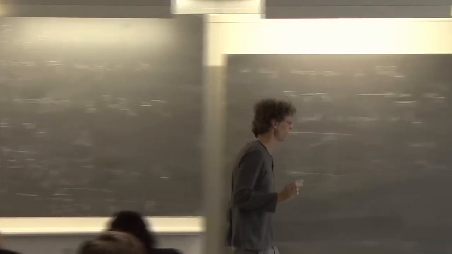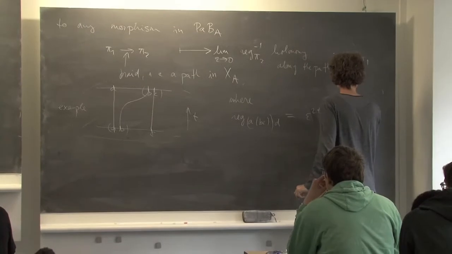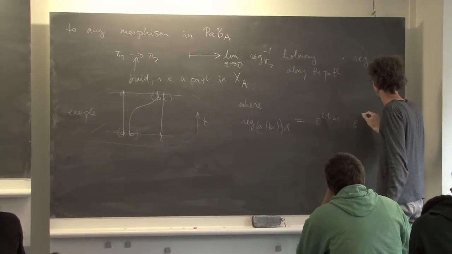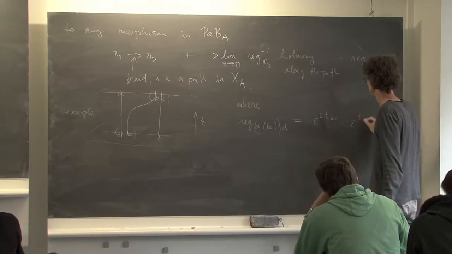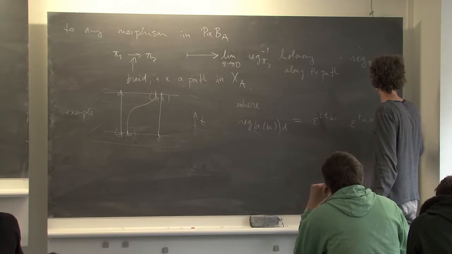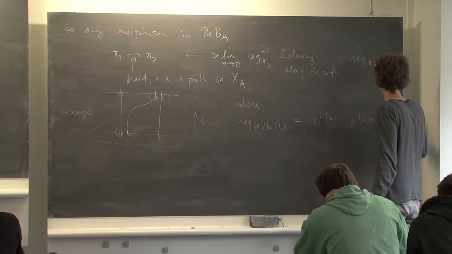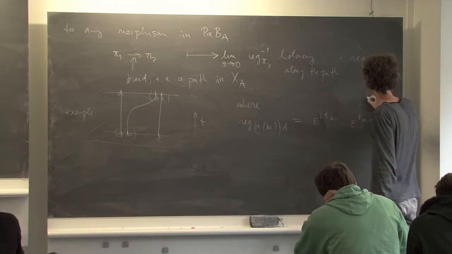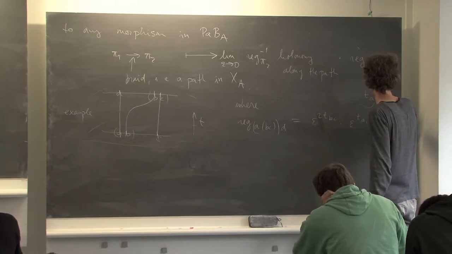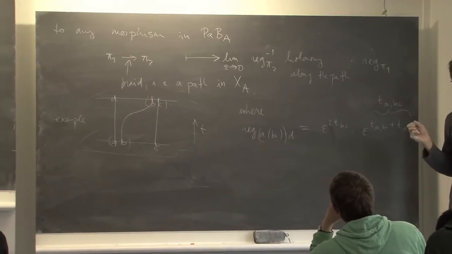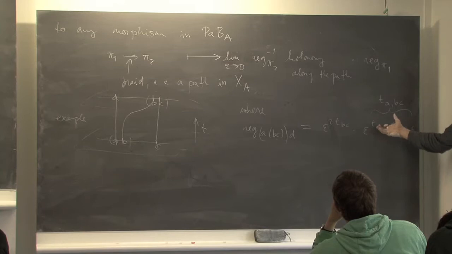So we need to multiply it by epsilon, and here there is T_AB plus T_AC, or if you wish, I can call it T_A,BC.